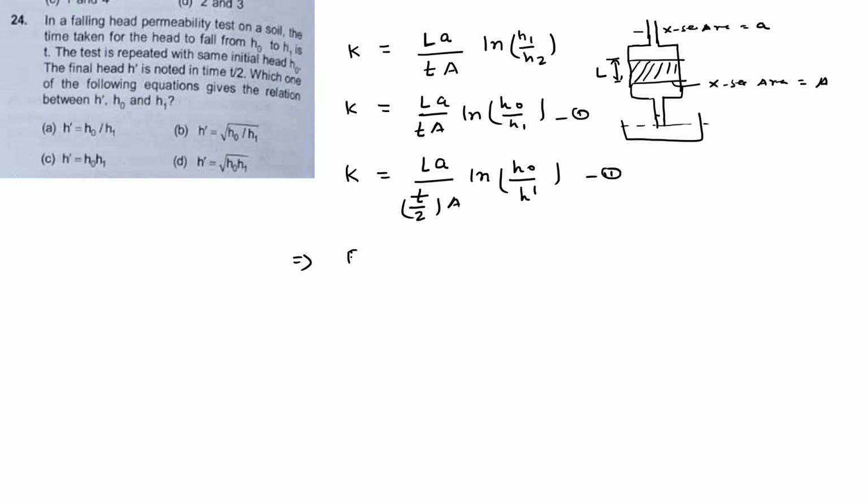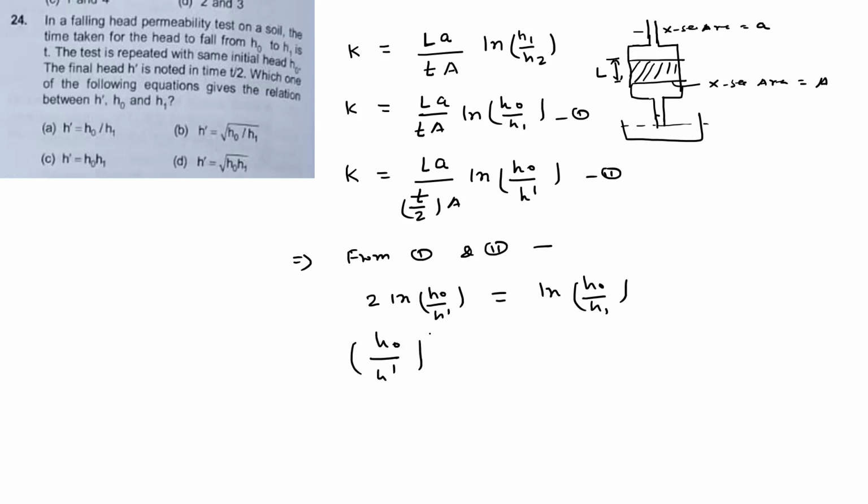Now from equation 1 and 2, 2 into ln H naught by H prime must be equal to ln H naught by H1. So this is H naught by H prime squared is equal to H naught by H1.